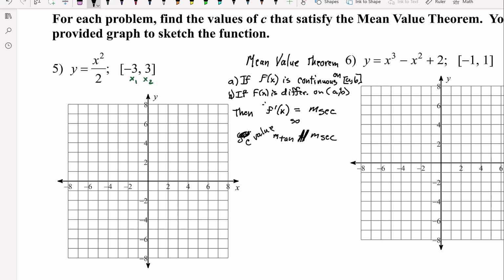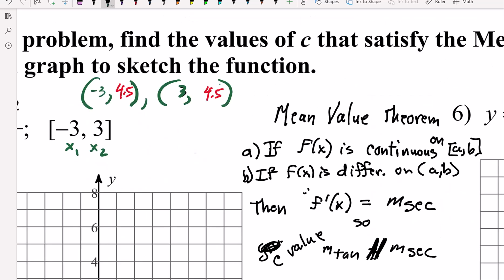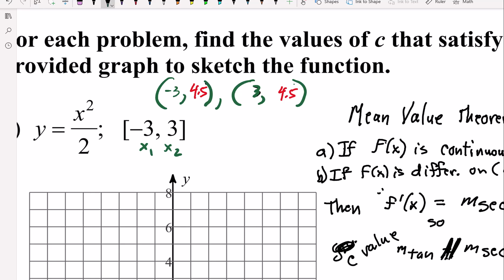All right. First thing that you have to do is find, we have our two x values. So when we plug both of these x values, a and b, -3 into the function and 3 in the function, we get a height of 9/2, and 9/2 is 4.5. Most of the time I have students leave it as 9/2.